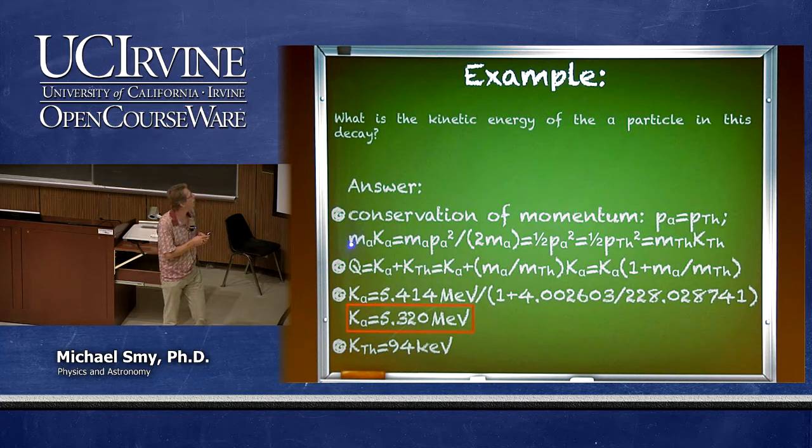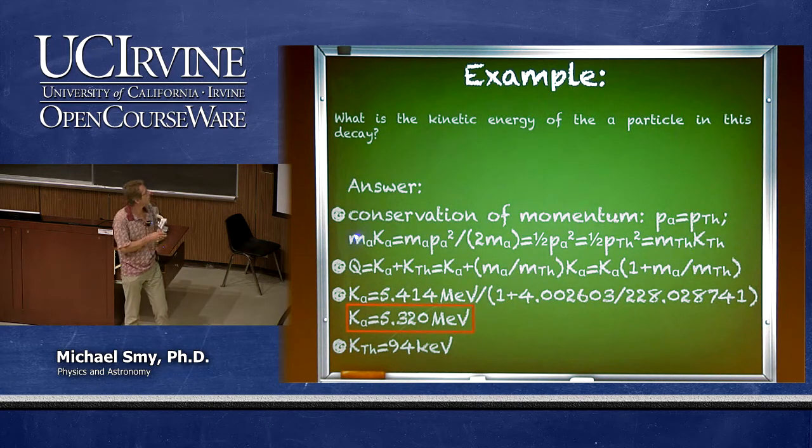And if we multiply the mass of the alpha particle with the kinetic energy of the alpha particle, then the kinetic energy of the alpha particle is the momentum squared divided by 2 times the mass. And therefore, we are just left with 1/2 of the momentum squared of the alpha. And because of conservation of momentum, this must be 1/2 of the momentum squared of the thorium, which is then, by the same argument, the mass of the thorium times the kinetic energy of the thorium.